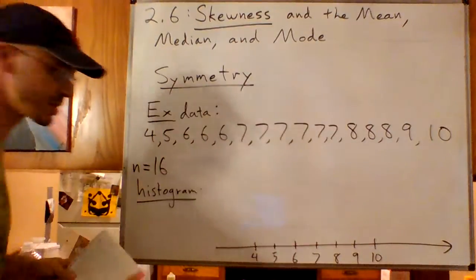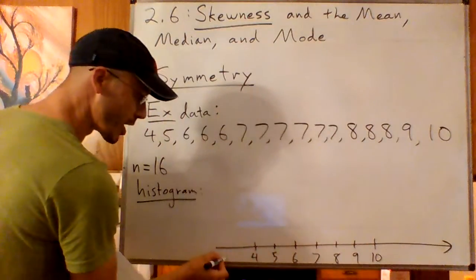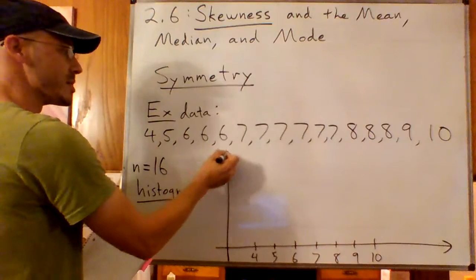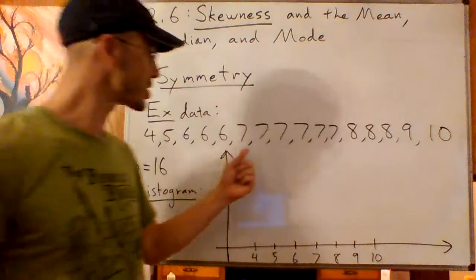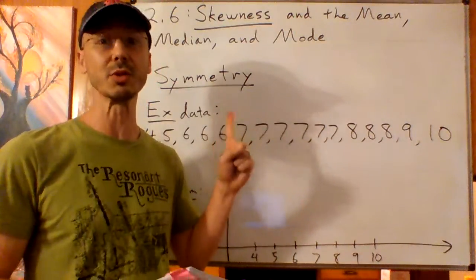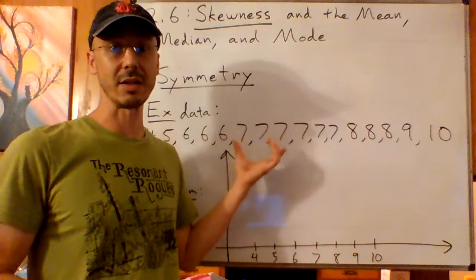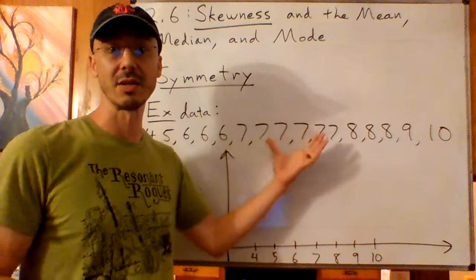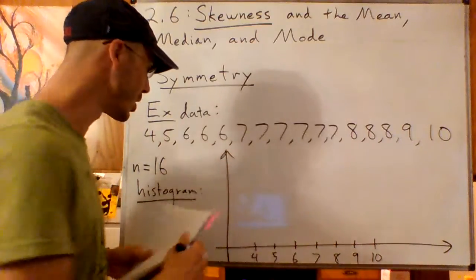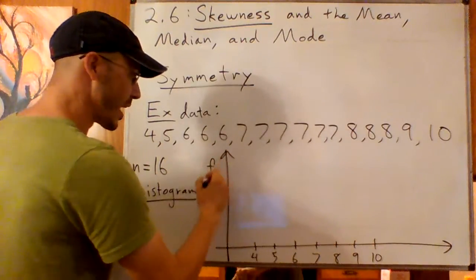That'll be enough for this data set. And then for my vertical axis, the largest number of any individual data is, there are 6 7s. That's how high I'm going to need to go with my frequency axis.